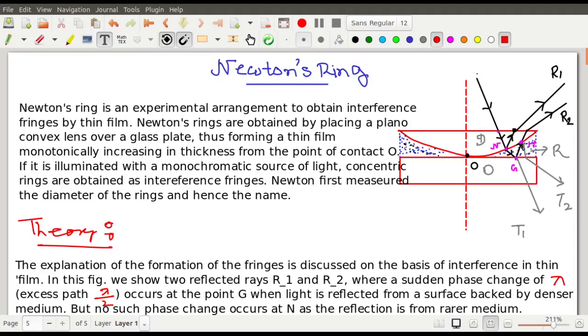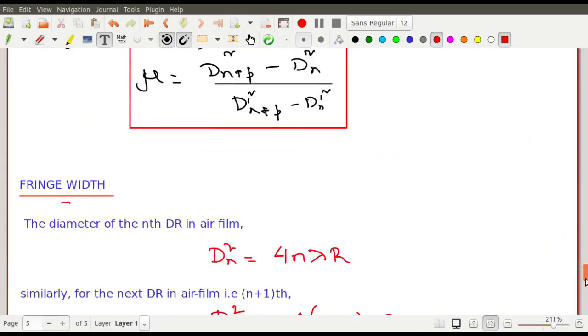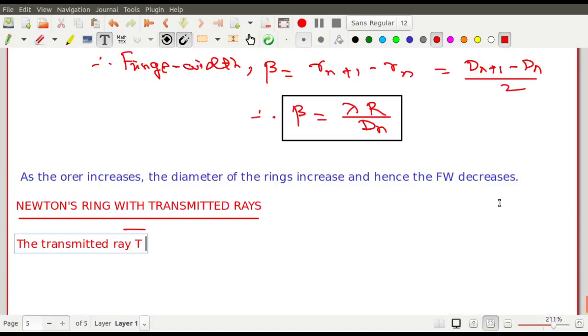So T2 suffers phase change pi two times. Phase change pi two times means it is originally in the same phase. So pi plus pi or pi minus pi, whatever you like to say, the transmitted ray T1 did not suffer any reflection.